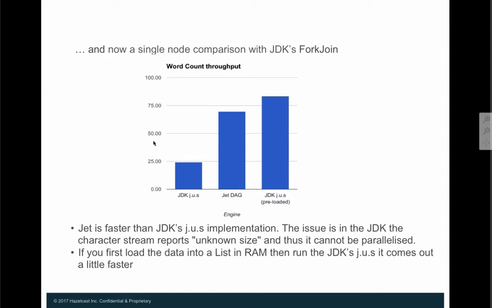So if you load the list and make its size a known quantity, then it's able to parallelize the work, and it performs a little bit faster, but not by a lot. And if you think about it, it doesn't need to deal with anything like partitioning or networking or serialization. I think this is quite a good result for JIT, I would say.